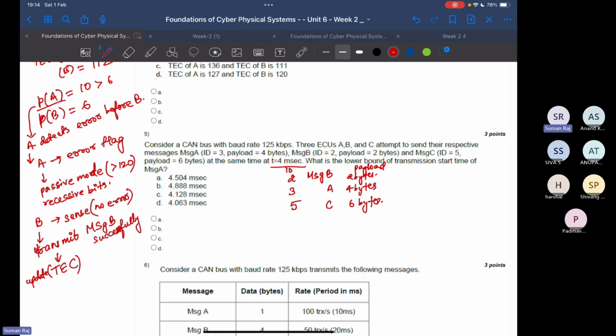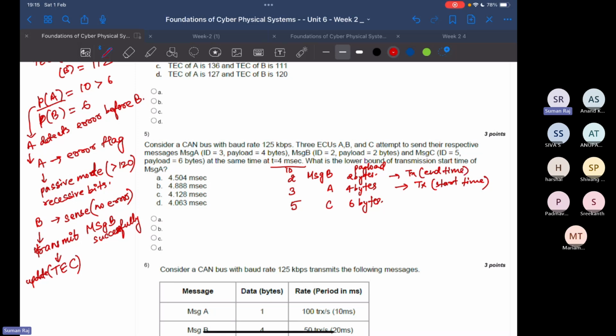So the question asks what is the lower bound of transmission start time. You are asking for the transmission start time for this, which is basically the transmission end time for this. If you try and calculate that, you should be able to get the answer.